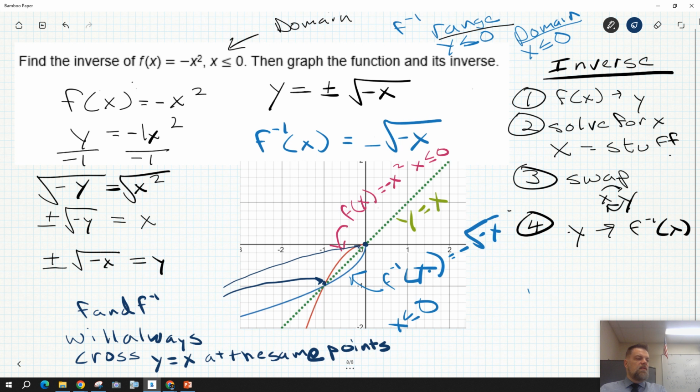Okay? They're always going to intersect at the same points.